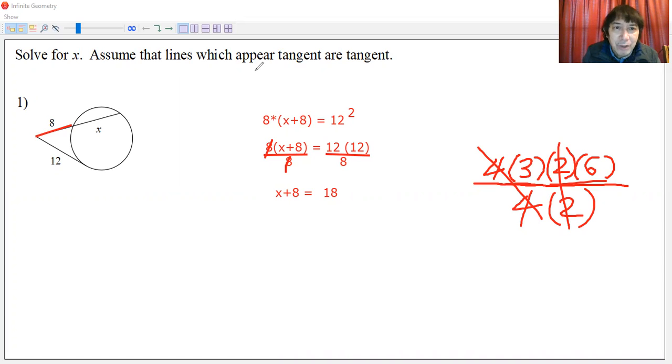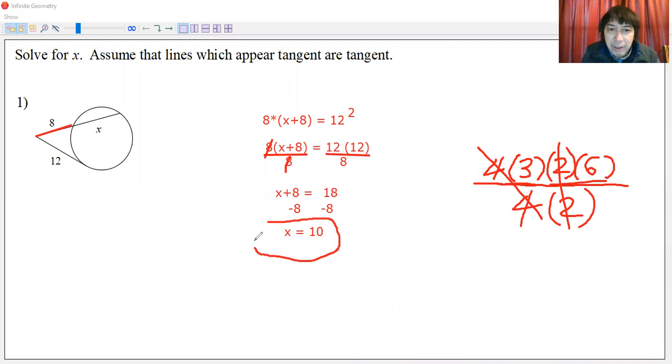We continue with our solution. We subtract 8 here, and we subtract 8 there. And so the remaining expression should be x equals 10. And so we already have our answer. Since this is solved for x, we already found the value of x, and it must be 10 units.